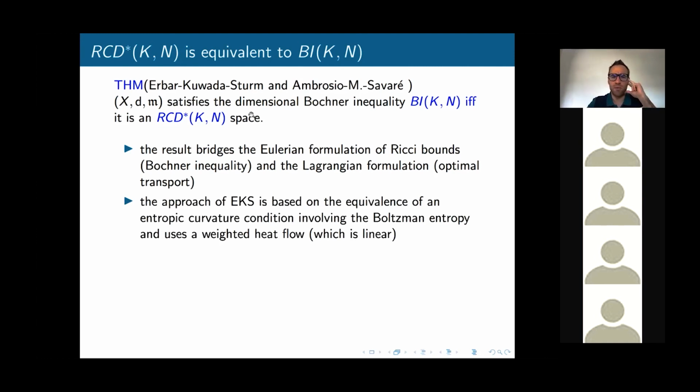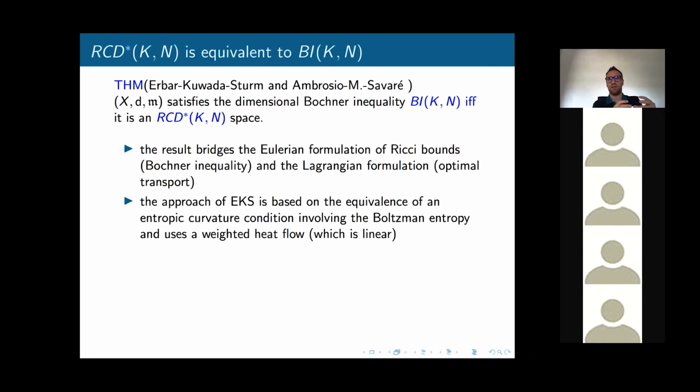The two proofs by Erbar, Kuwada and Sturm and the Bonn team, and the Italian team, were quite different. The approach by Erbar, Kuwada and Sturm is based on the equivalence with an entropic curvature condition, which involves the Boltzmann entropy, and uses the weighted heat flow.